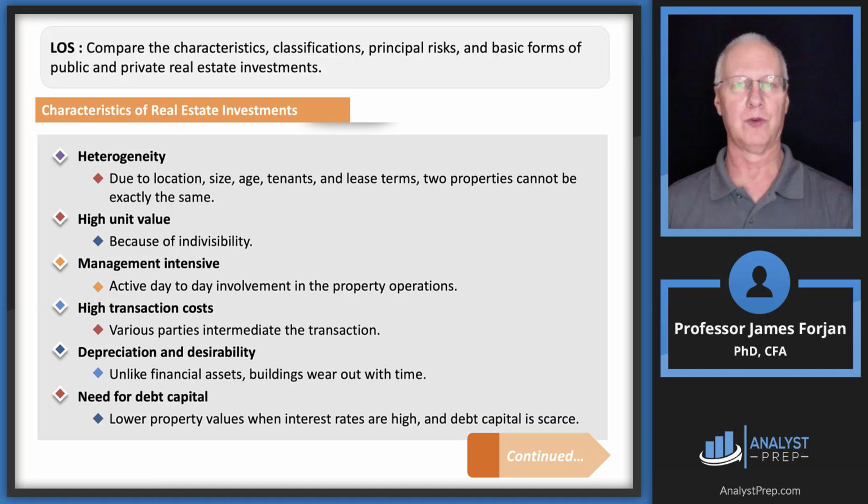And then, of course, the plumbing is going to go, the air conditioner is going to go, and you'll have to have active and intensive management. And that leads directly into high transaction costs, not only in the operations, but especially when we're buying or selling or leasing or renting.